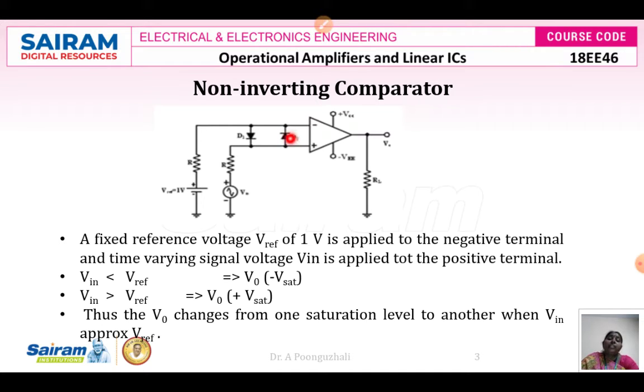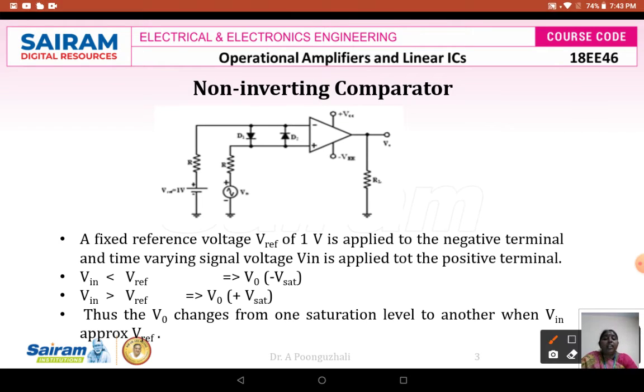So it will protect the circuit. For that we use the diodes D1 and D2. And the resistance RL is taken as the load resistance. Now to see the output, let us see how this circuit is going to operate. You know that your V0 expression is going to be in terms of the voltage at the non-inverting terminal.